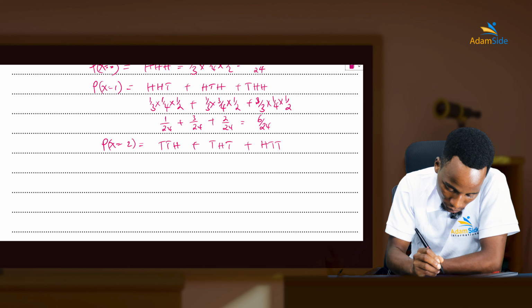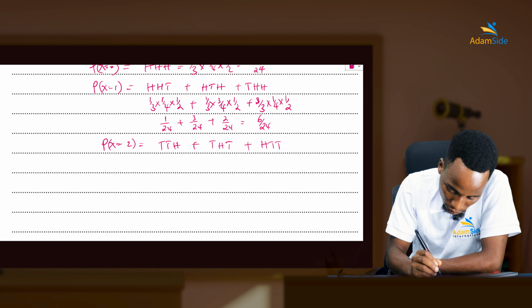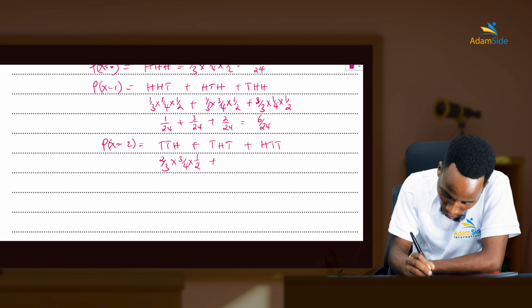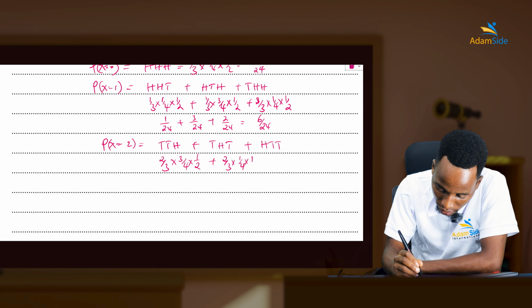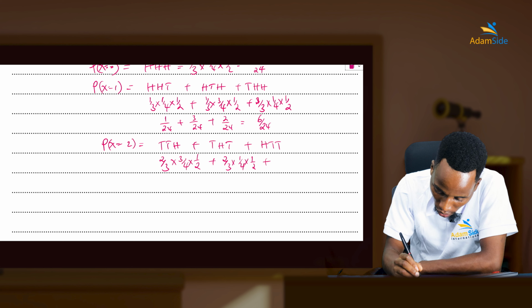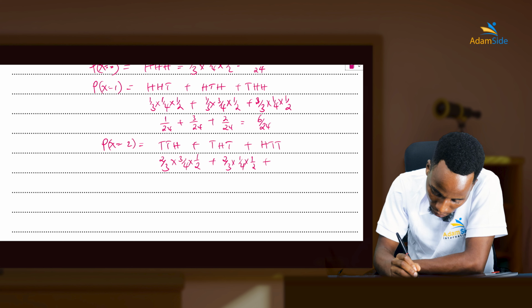So tail for the first is 2 of 3, tail for the second is 3 over 4, head for the last is 1 over 2, plus tail for the first is 2 over 3, head for the second is 1 over 4, tail for the last is 1 over 2, or head for the first is 1 over 3, tail for the second is 3 over 4, and tail for the last is half.